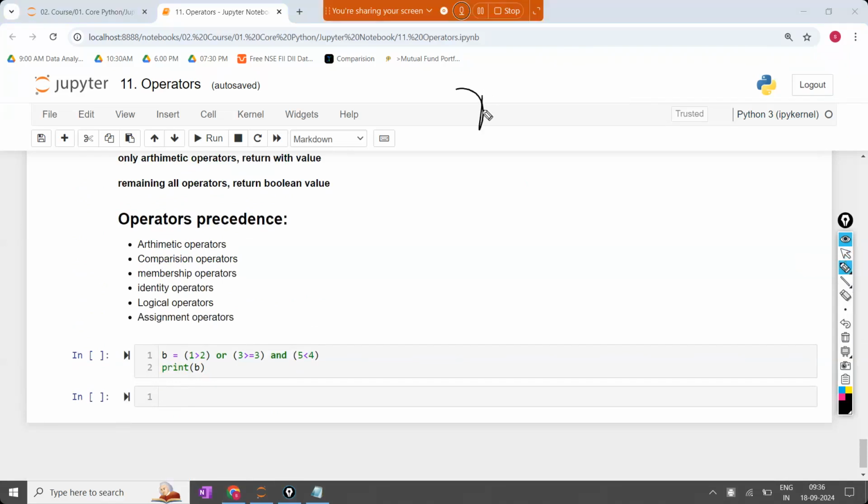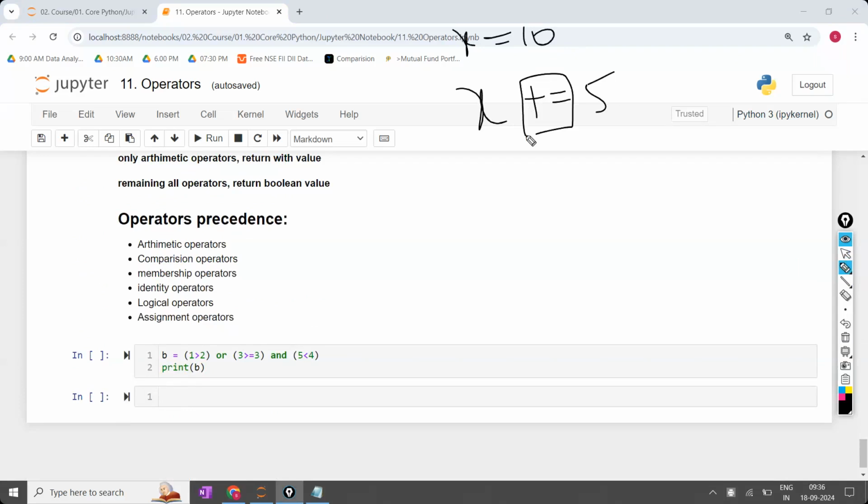So now if you observe here, x is equal to 10, x plus equal to 5. What are the two operators here? One is the plus operator, one is the equal to operator. Plus means arithmetic. Equal to means assignment. Two different types of operators are there. When you have two different types of operators, which order is given top priority?